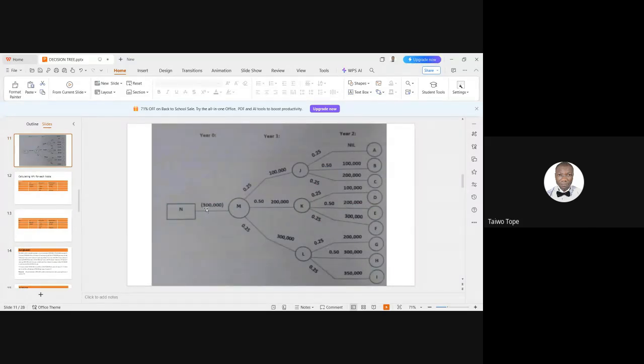Investment, outflow. Now, year 1, there's an inflow of 100, isn't it? Then there is also an inflow of 100.